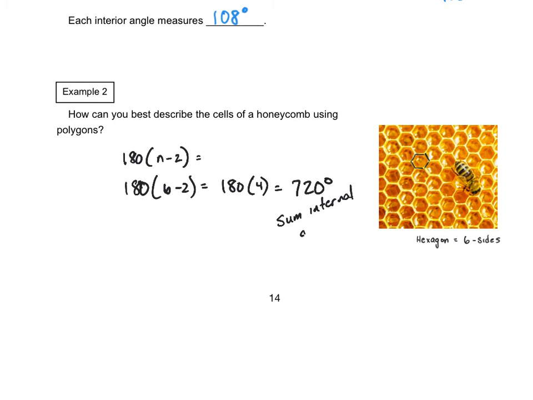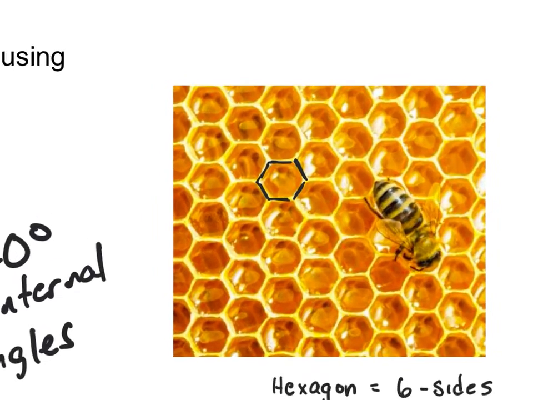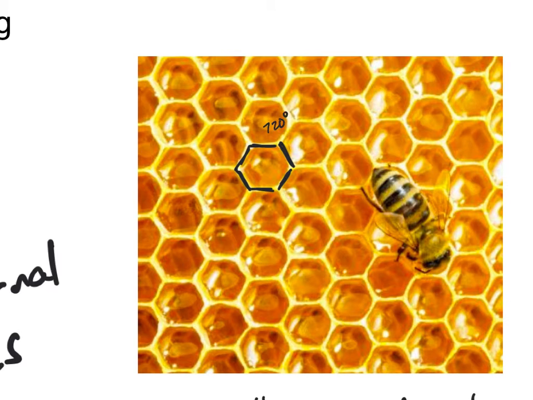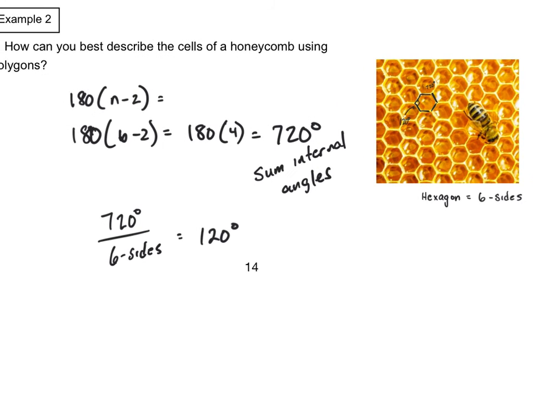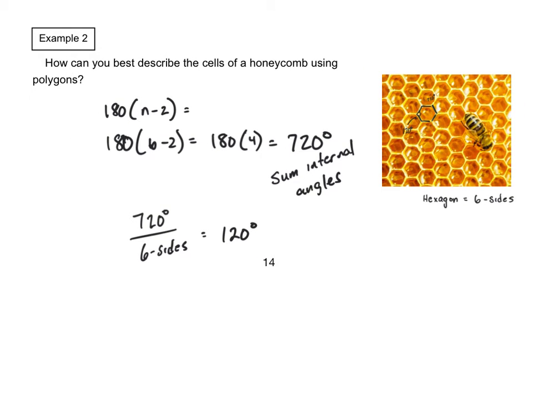And if I wanted to find out what each individual angle is going to be, I could say, okay, I got 720 degrees divided by 6 sides is going to give me 120 degrees each. So the sum of these would be 720 degrees, but this angle right here is simply going to be 120 degrees. And that's some math describing the honeycomb.